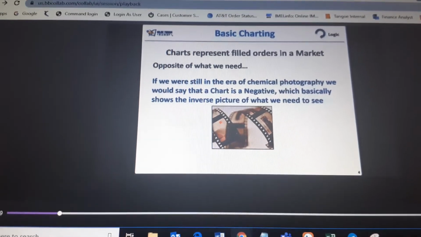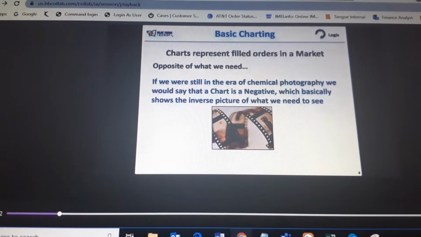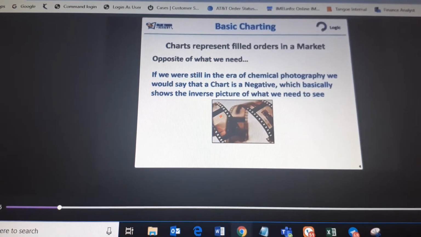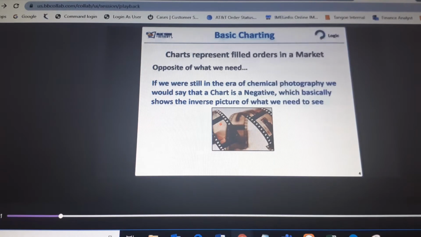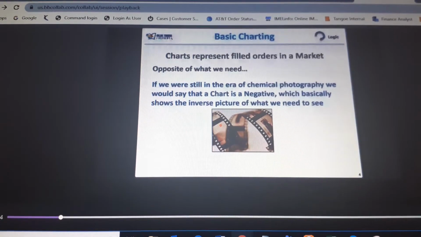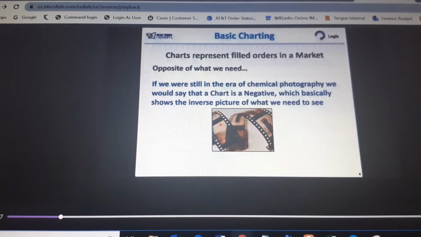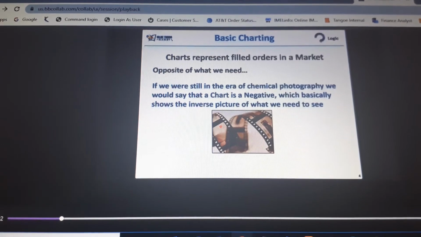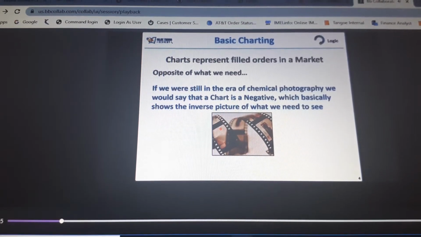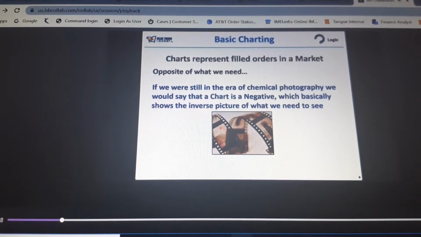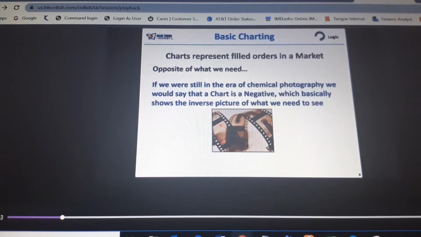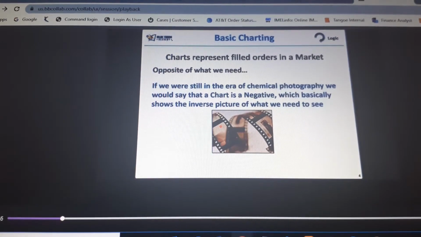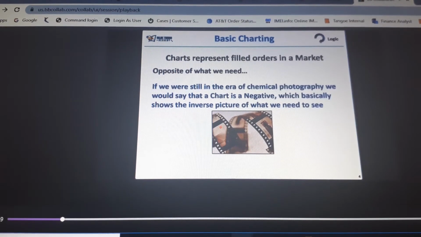Now this is a very good example, an analogy. If we were still in the era of chemical photography, we would say that the chart is a negative. Many of you might know this. Before the advent of digital cameras, we used to put a reel or negative in our camera and click pictures on it, and then we used to go to the studios and develop a positive image from this.